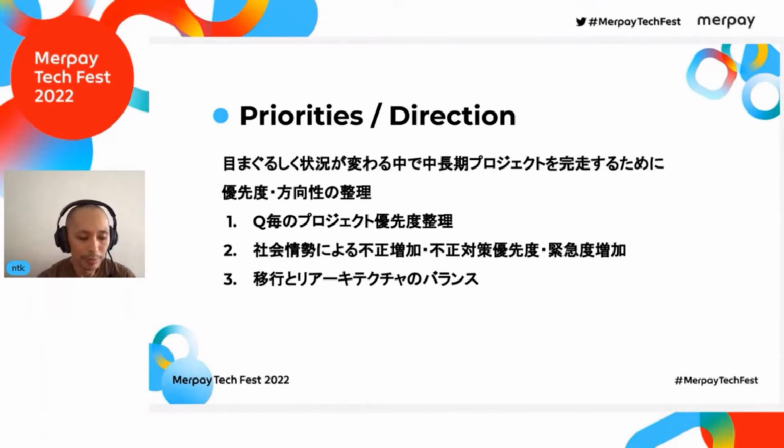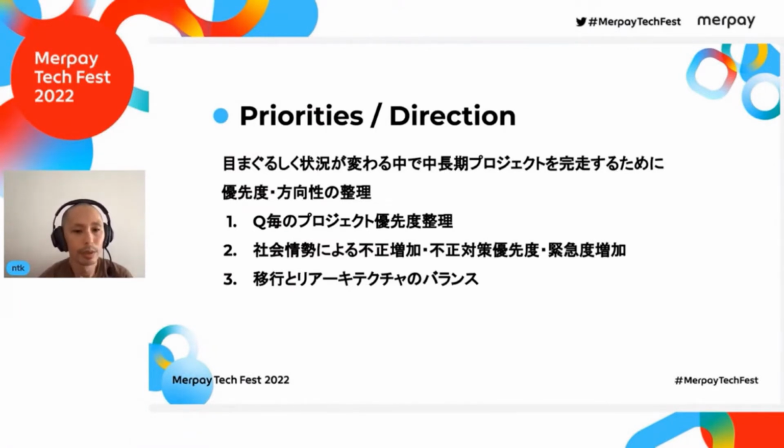To be specific, at Merpay, in each quarter, the product organization regularly reviews which projects to be executed. In other words, priorities shift due to changes within the company.